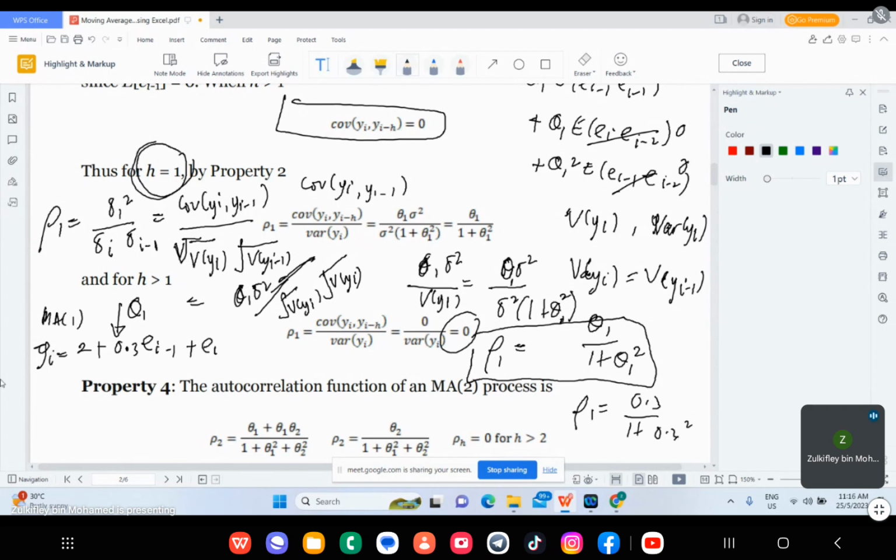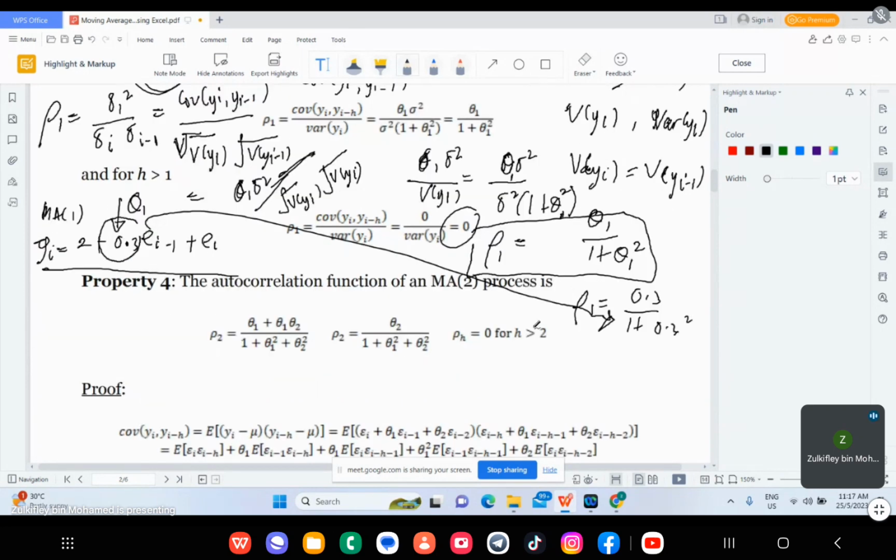So from the equation here, you can just pick up nilai theta 1 is 0.3. You just substitute here to get the autocorrelation by using this formula. Okay? So I just proved the formula here, how you get rho1 by applying the concept of variance and covariance.